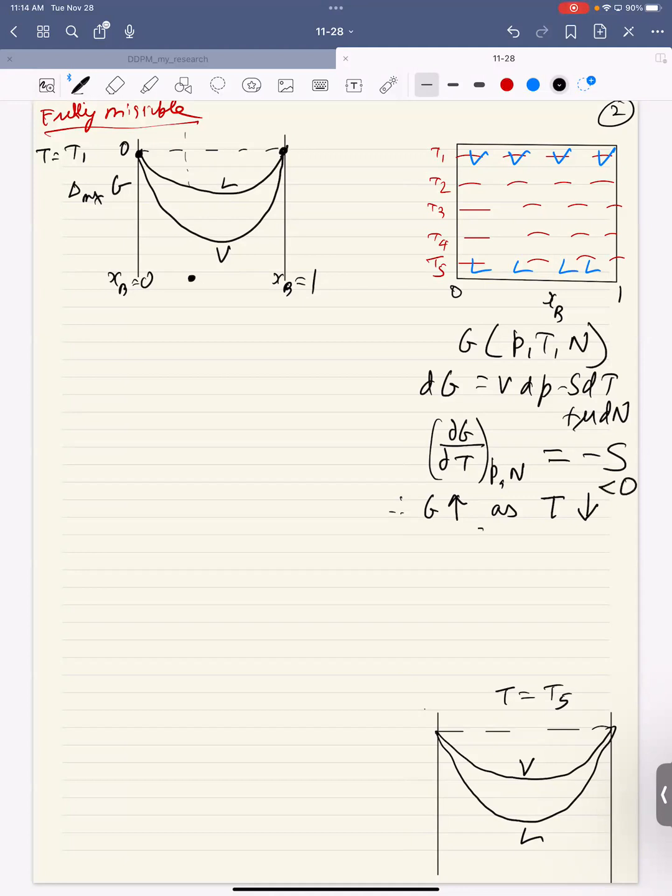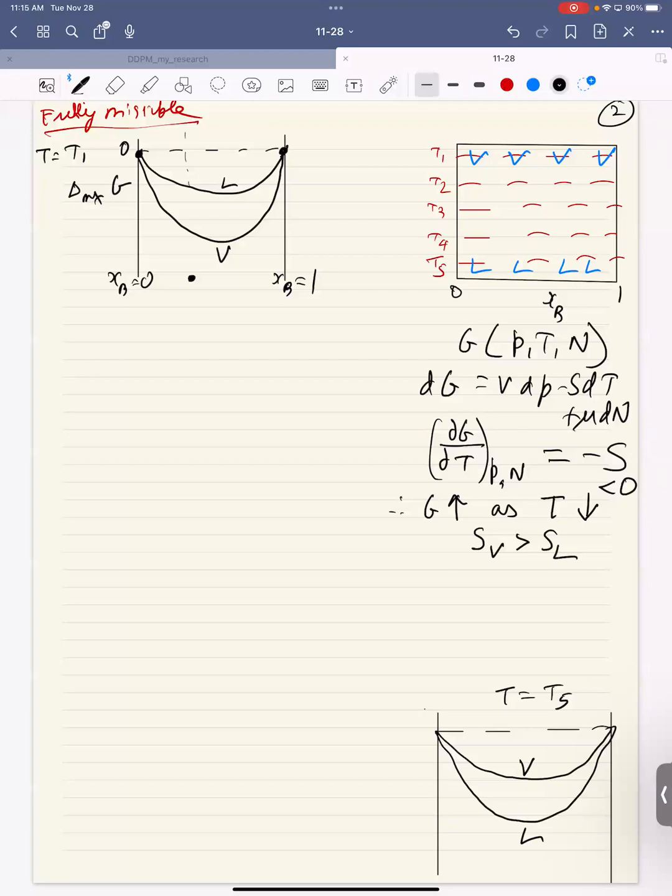Furthermore, entropy of vapor is more than entropy of liquid, right? So physically, what are we saying here? We are saying that as you decrease the temperature, both free energy curves will move up, right? Because if delta T is negative, delta G is positive. So both free energy curves have to move up.